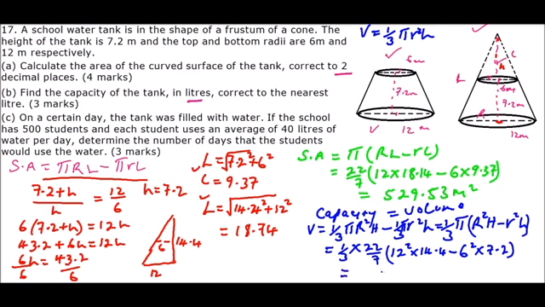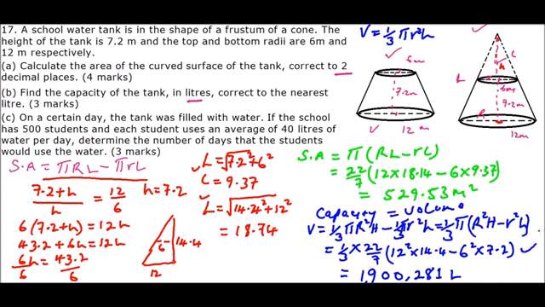When you use your calculator, you'll be able to get 1,900,281 liters to the nearest liter. So that is the capacity of the tank. Use your calculator to work out that.